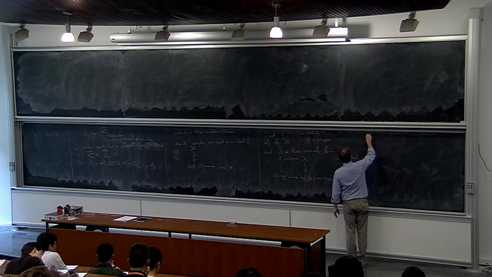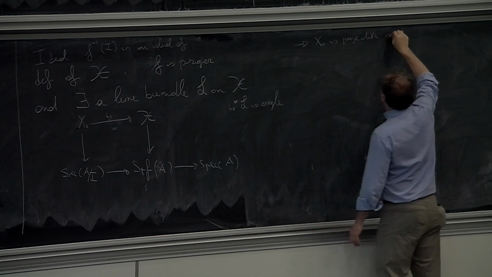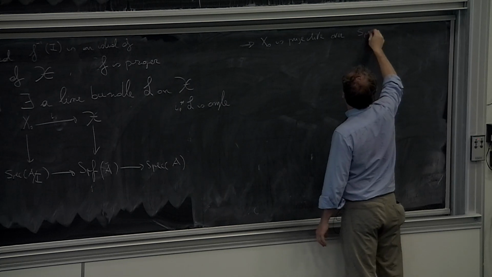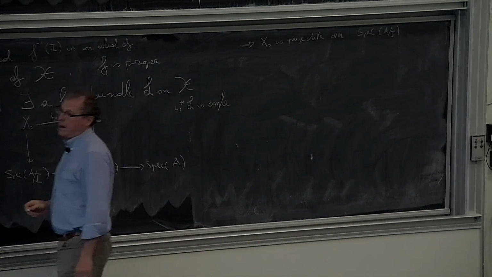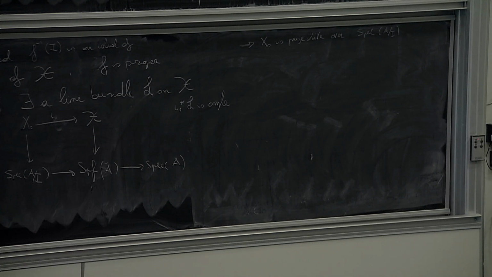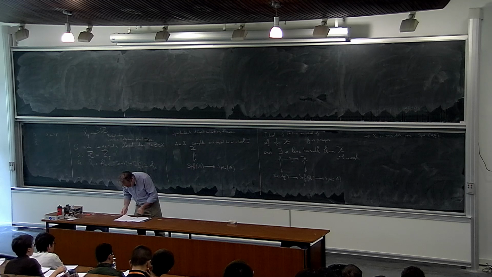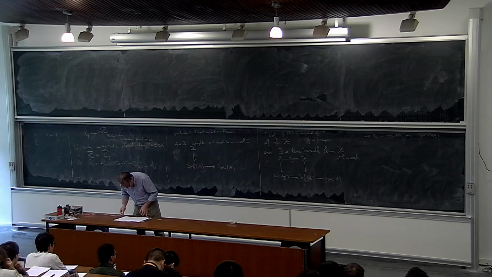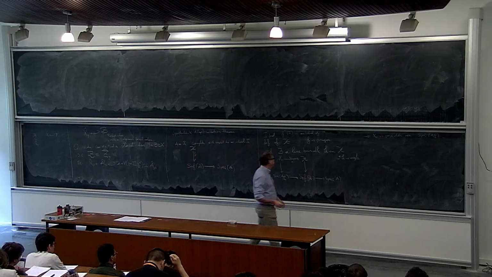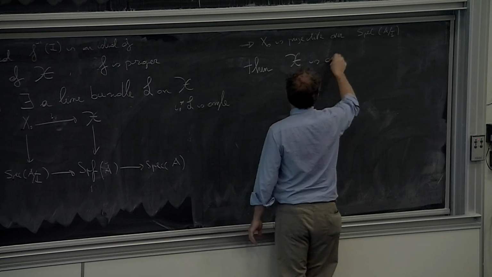So in particular, this implies that X0 is projective over Spec of A divided by I, and the theorem seems that this is the statement. Let me see if I am forgetting some hypothesis. Yeah. Suppose that this is the situation, then X is algebraizable.